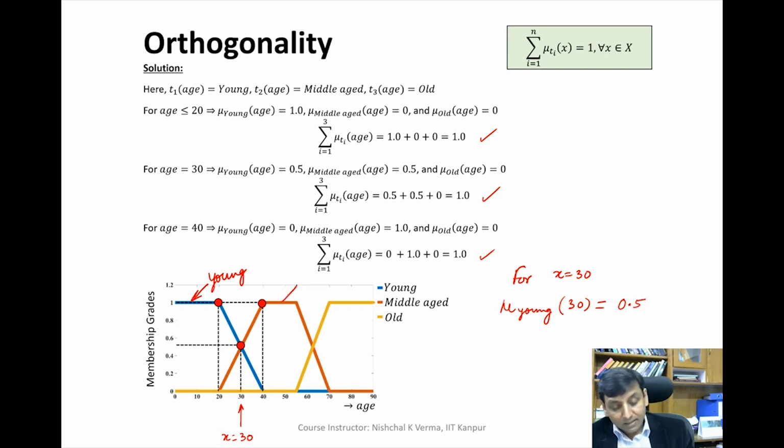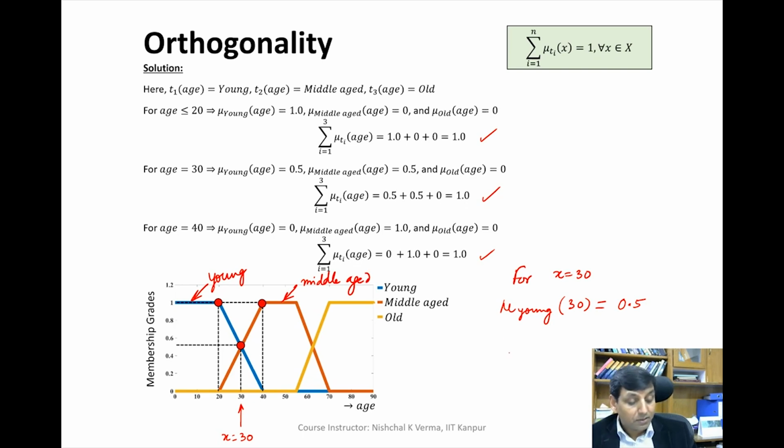Now, at x is equal to 30 as the generic variable value, we come across two membership functions. The first is young, and the second one is middle-aged, represented by red color.